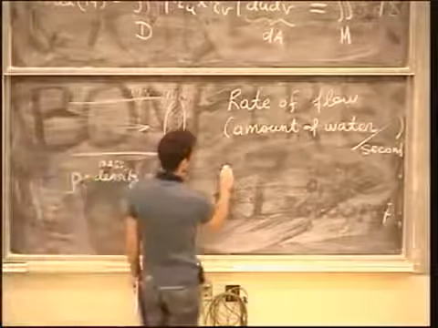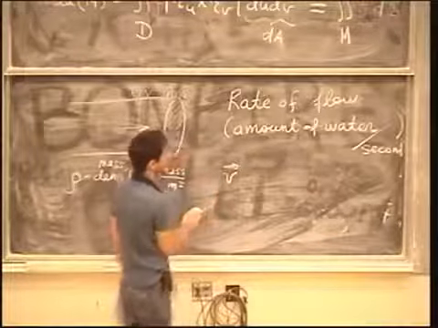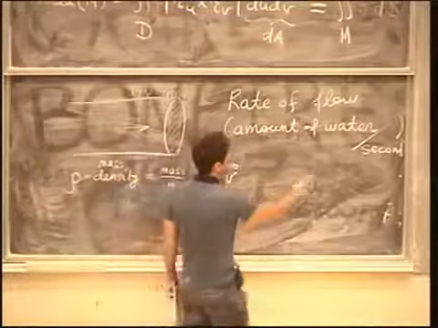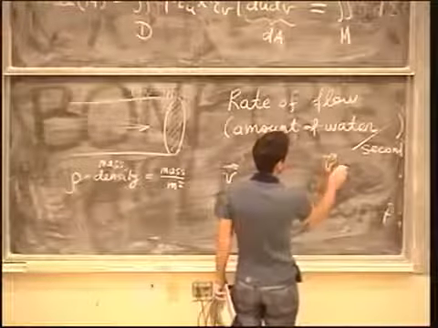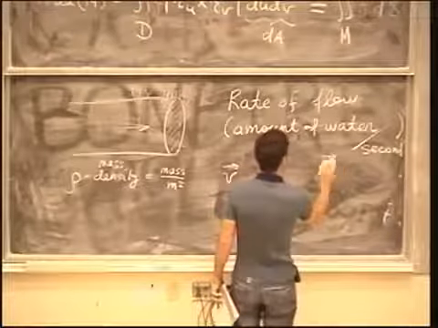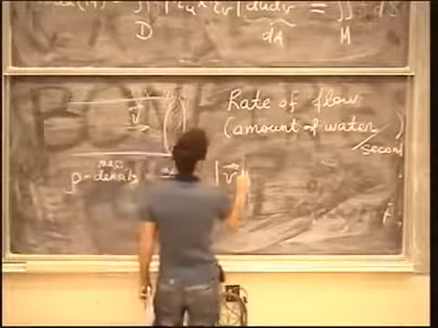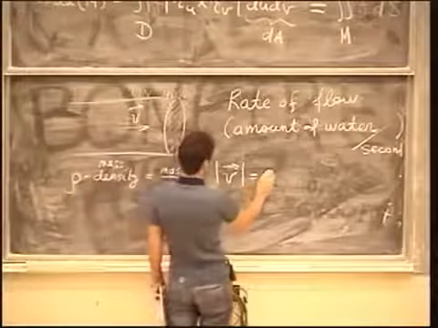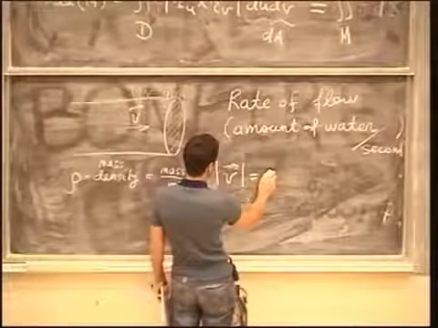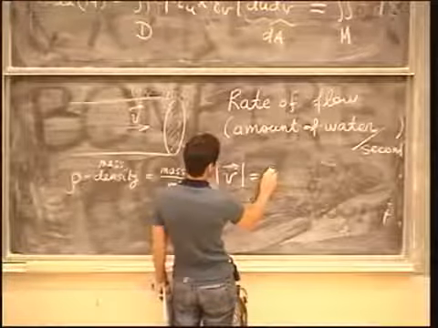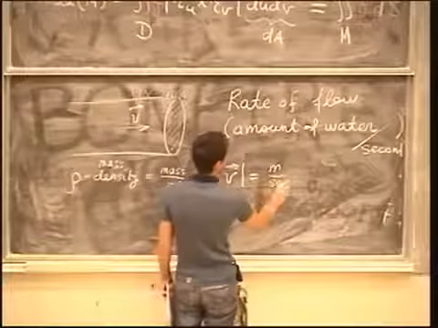Then I have a velocity vector, whose length is the length of the velocity vector. So this is a velocity vector. And the length of the velocity vector is measured in distance, so let's say meters per second.